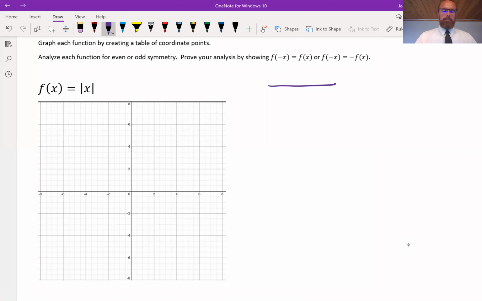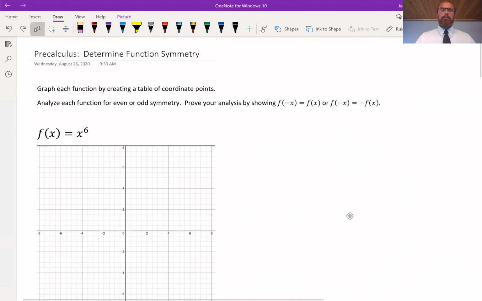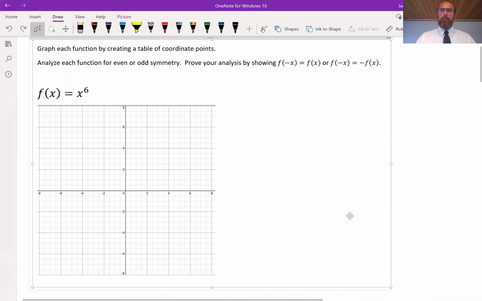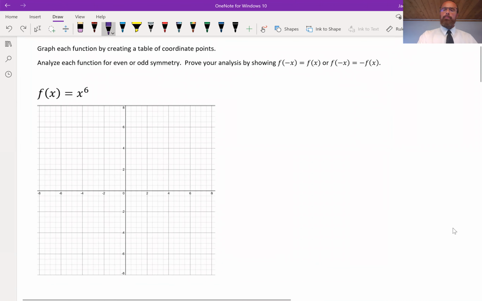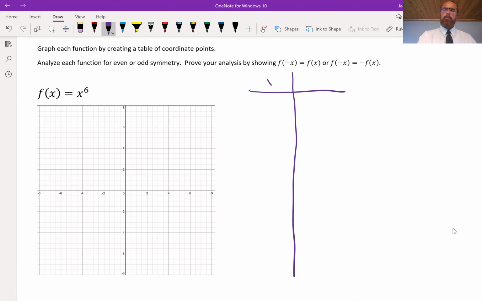And recall that with the table, I need to zoom up to the correct one. So there we are. With the table, we'll place our x values in that left column. And we're going to evaluate f of x. Remember, that's the y column. It's the values that depend on the x values.